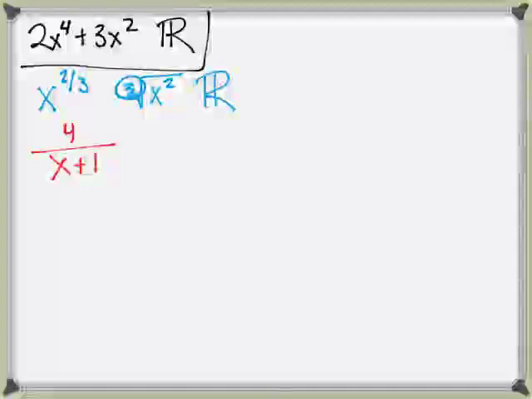What can x not be here? X can't be negative 1. What would happen if x was negative 1? Then I'm dividing by 0, and that's the problem. It's not that x can't be 0. If x was negative 1, that would make the bottom of the fraction 0, and that's a problem. So x can't be negative 1 in this one.